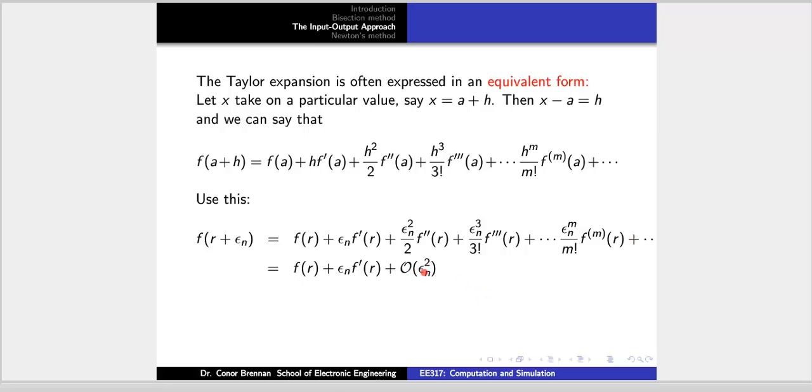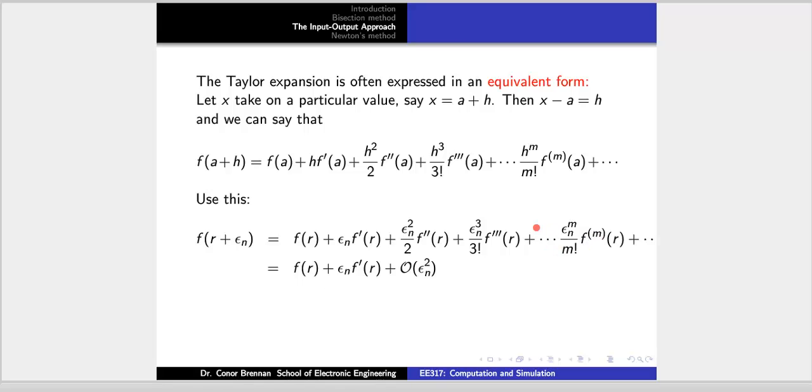So we introduce some notation, this order epsilon n squared. This notation here means that we've taken all terms which have epsilon n to the power of 2 or greater, so epsilon n to the 2 or epsilon n to the 3 or epsilon n to the 4, taking them all together and just thrown them into a big bucket together, and we call that big bucket order epsilon n squared.